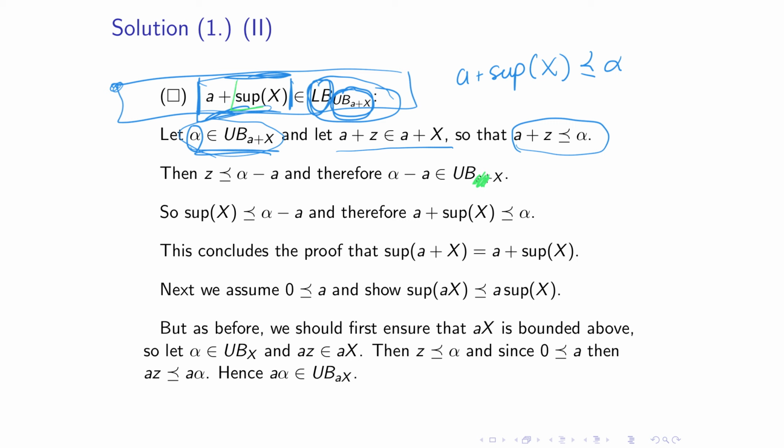We're trying to reason about this quantity sup x, which we know is an upper bound, and in fact it's the least upper bound on the set x. So probably a good idea is to try to solve for that element that is in x, right? So solve, in a sense, for z. So I'm subtracting a to the other side.